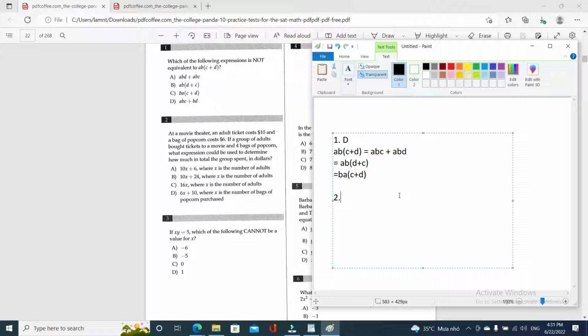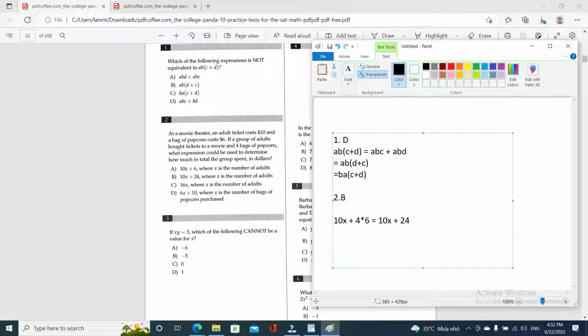Because we don't know how many adults, if the number of people is X, then it's 10X for adult tickets, and 4 bags of popcorn, which is 4 times 6, so it's just 10X plus 24. So the answer should be B.